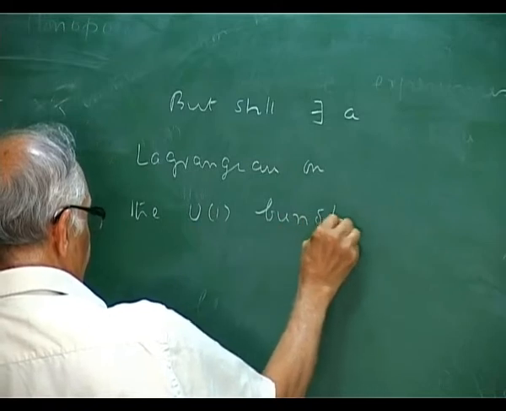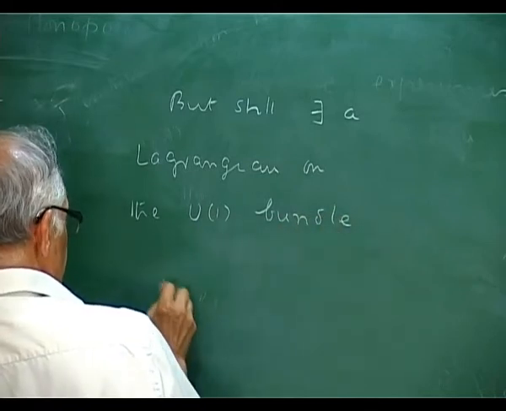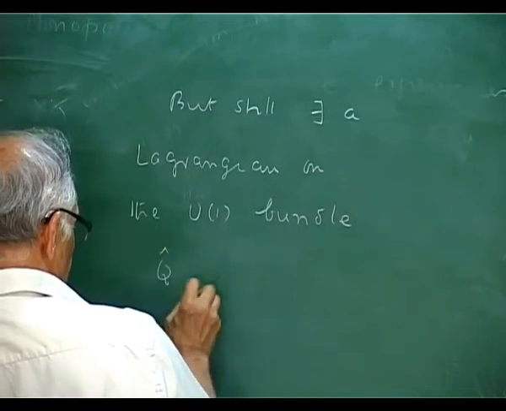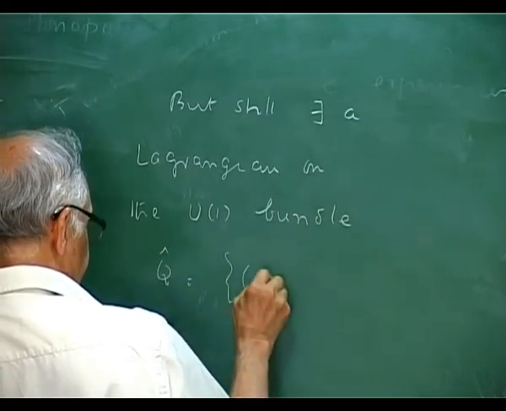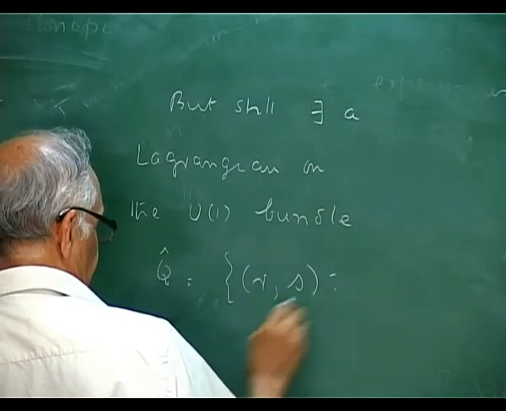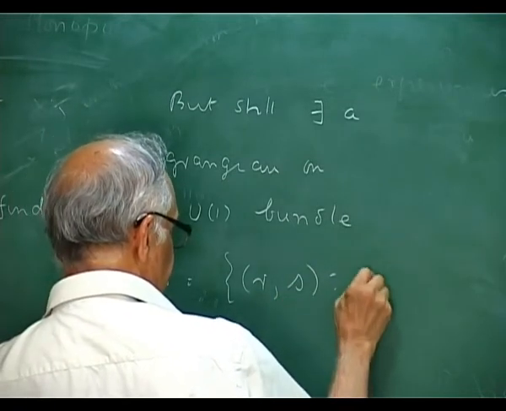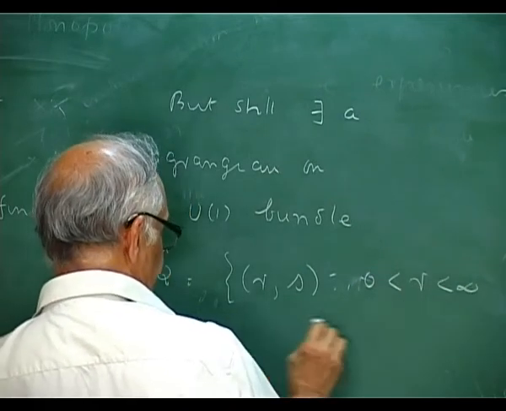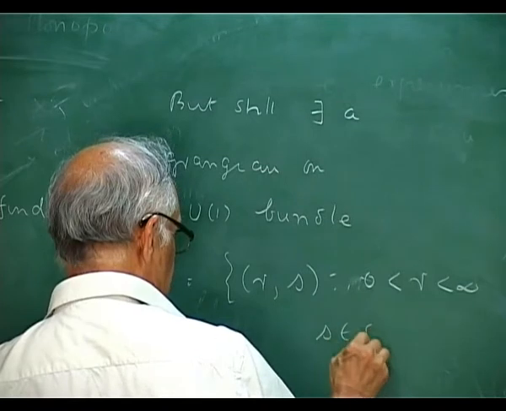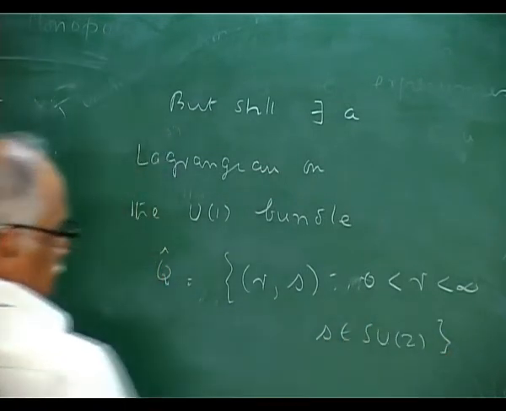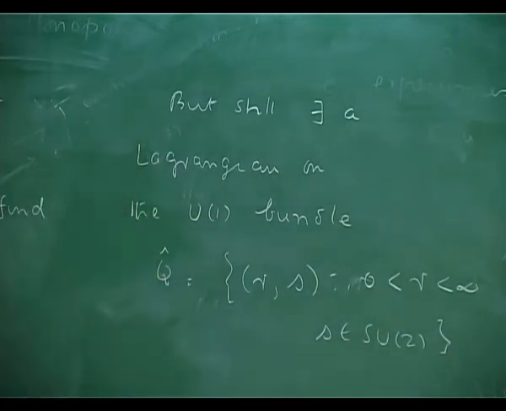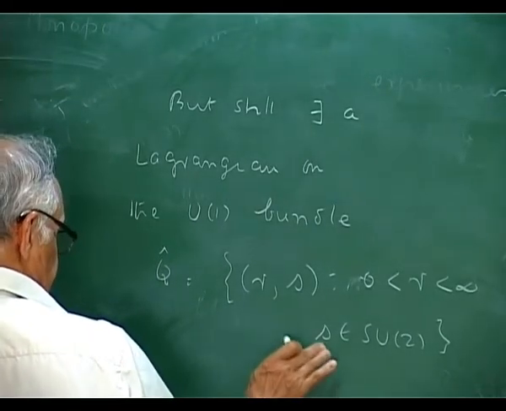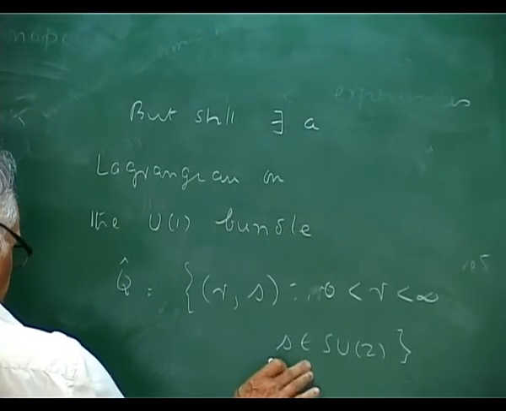Okay, here the bundle space will be, let me call it Q hat. It's not Q. The coordinates of this will be R and S. Okay. R will go from 0 to infinity, but excluding the origin. And S will be an element of SU2. Okay. And again, this S has an extra degree of freedom.